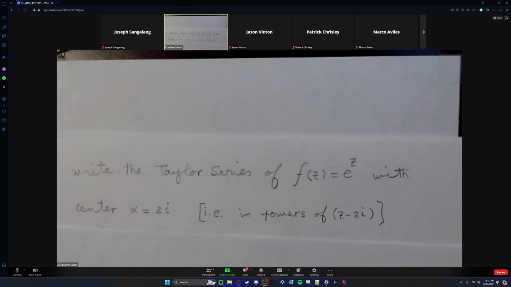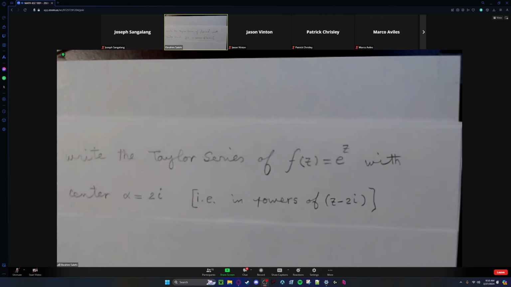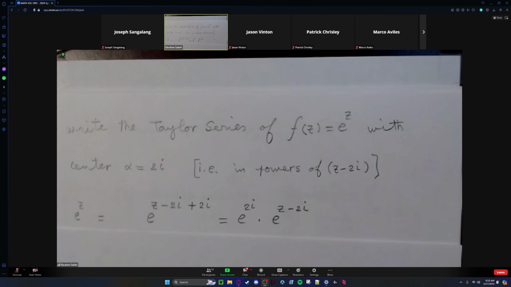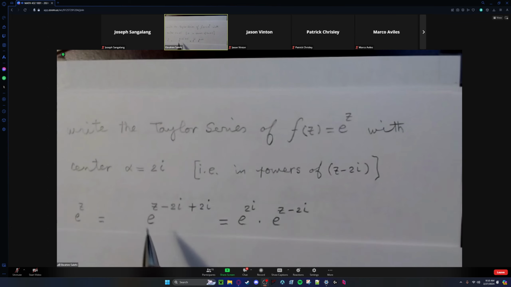Here is how I will use the shortcut. I'll say, look, e to the z, I can write in the exponent part, add 2i and subtract 2i.